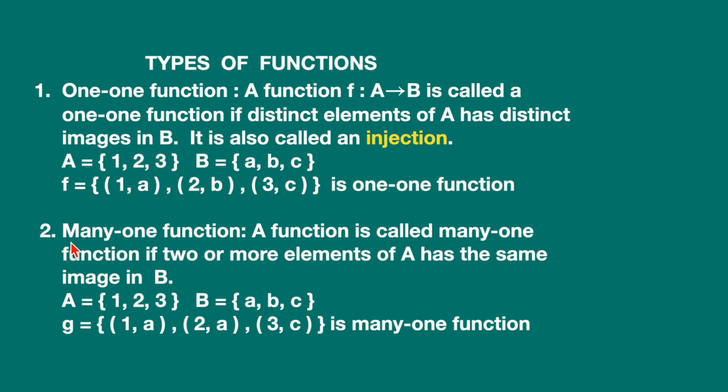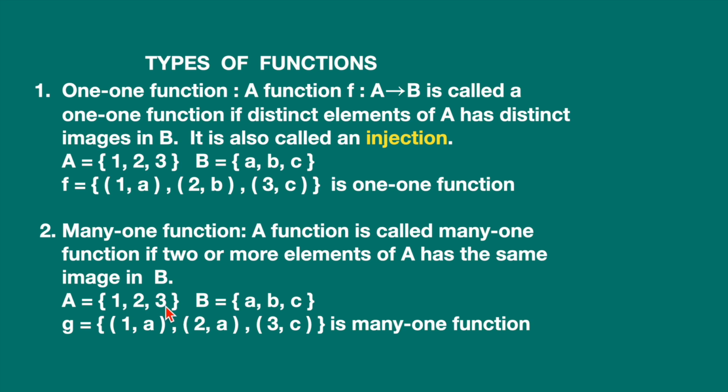Number 2 is many-one function. A function is called many-one function if two or more elements of A have the same image in B. So for example, let us take again the same example, A = {1, 2, 3}, B = {a, b, c}. Now under function g, the image of 1 is a and the image of 2 also is a.